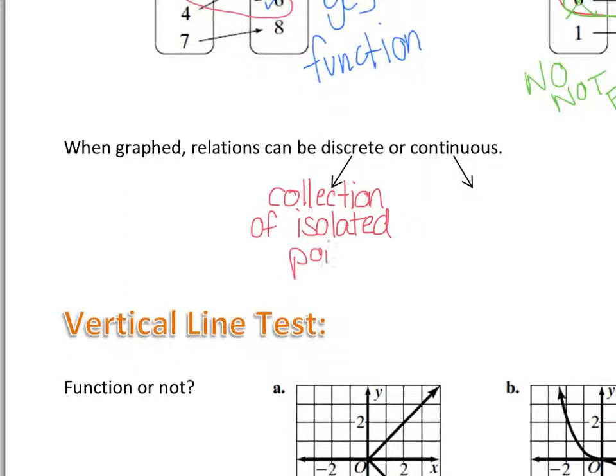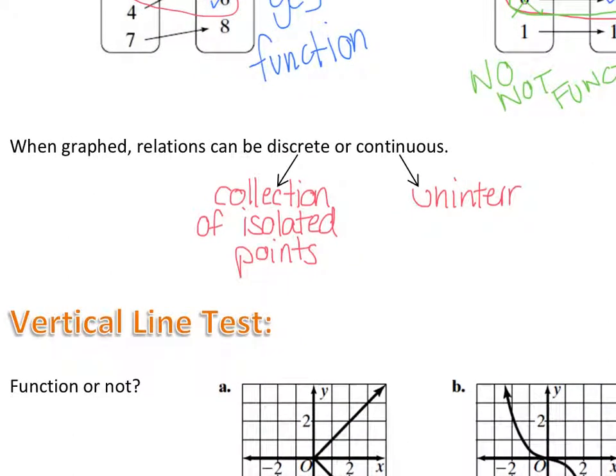Continuous is an uninterrupted line or curve. The continuous ones are the ones you can draw completely without ever picking your pencil up. Discrete, you got to pick your pencil up. All right.